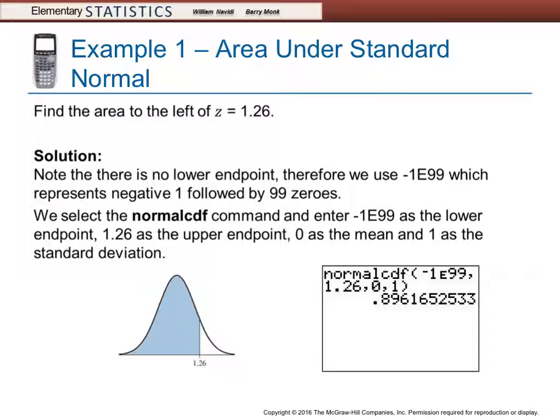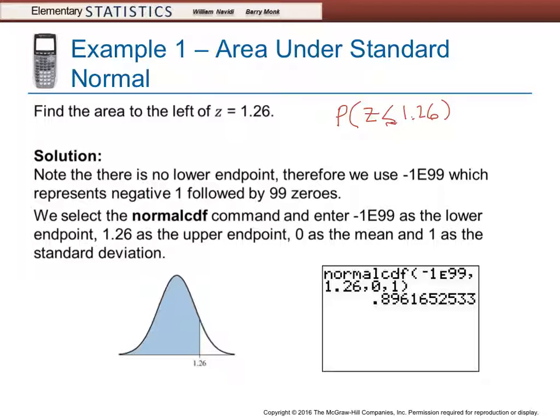So here's our first example. You will notice that this is very similar to part 1 where we were looking under the table, but now we're using the TI 83 or 84. It says find the area to the left of z. So in this particular case, I'm going to call it the probability of z less than 1.26.